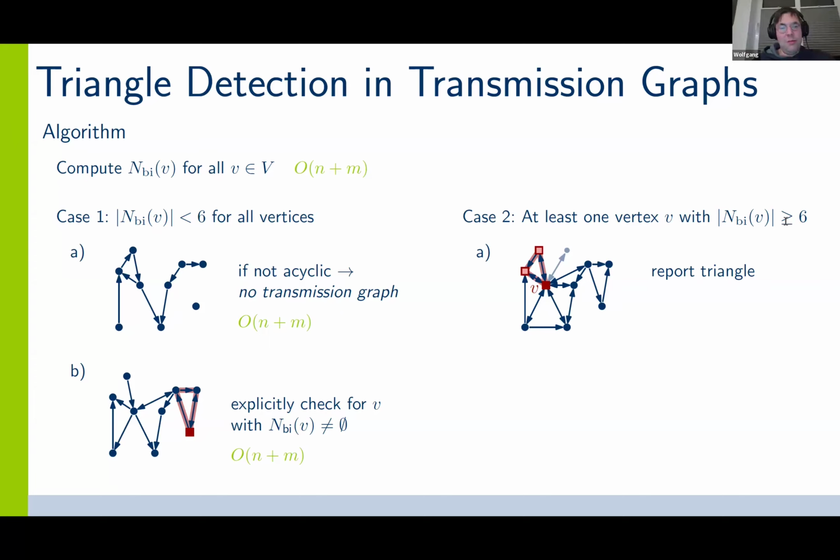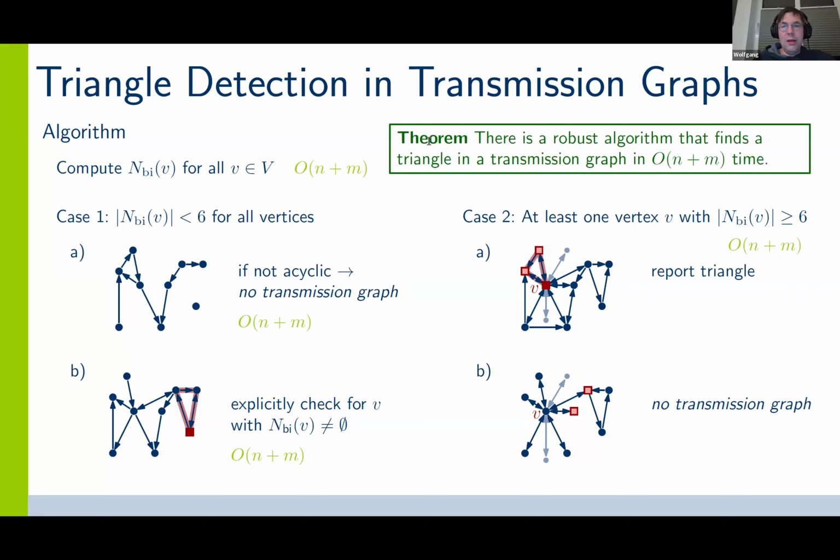And if we do not find such a triangle, then we again can report that the graph is not a transmission graph. Yeah, so these ideas that worked for unit disk graphs also work in the directed case for transmission graphs, but it gets a little bit more involved. So you need to do some additional tricks.